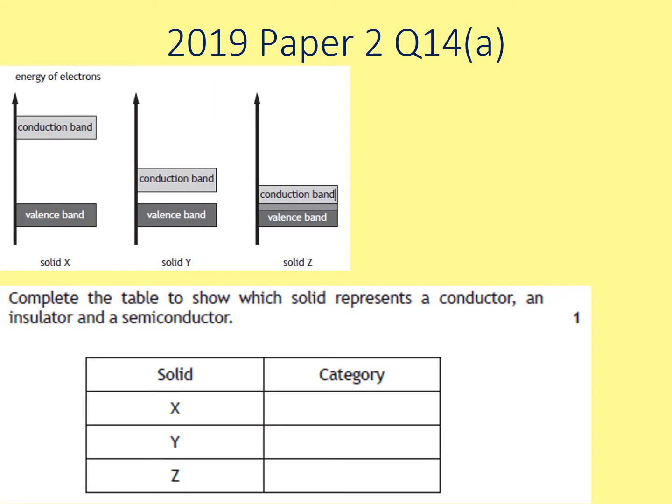So we're asked to complete a table to show which solid represents a conductor, which represents an insulator, and which represents a semiconductor. Well, first of all, in solid X, we can see there's a very large band gap between the conduction band and the valence band, suggesting that solid X is an insulator.